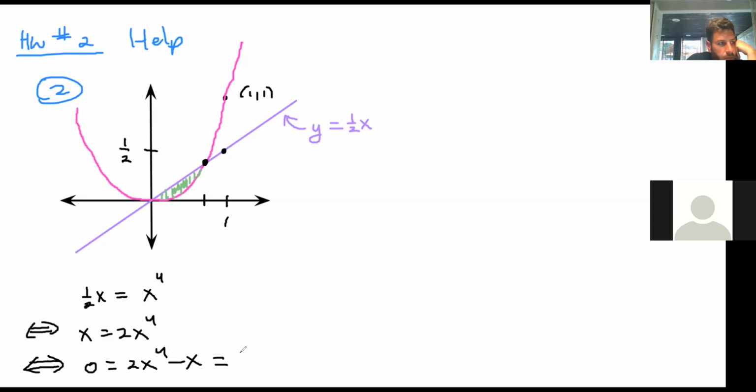And that factors. Pull out an x, and you're left with 2x cubed minus 1. So from that little bit of algebra, I know what this point is right here. This point where they intersect is the cube root of 1/2. So again, that might be some algebra that you guys need to work on.